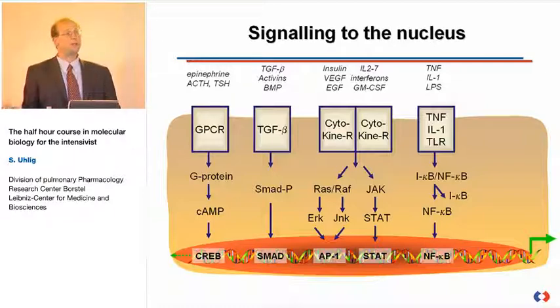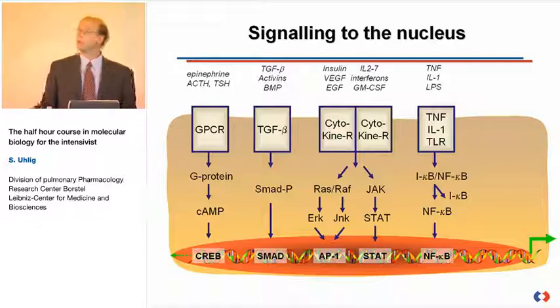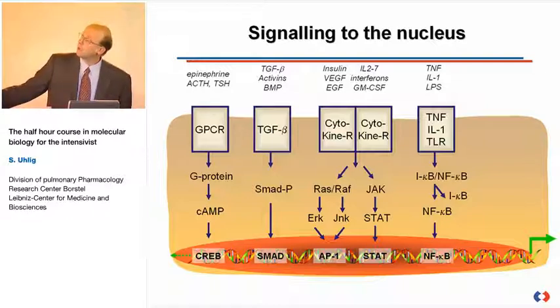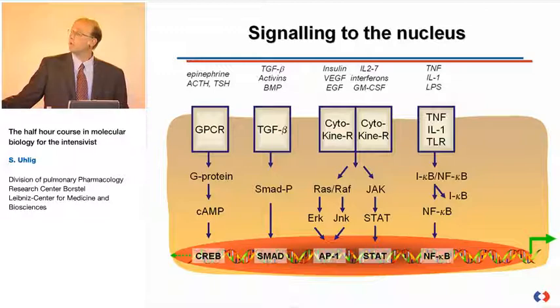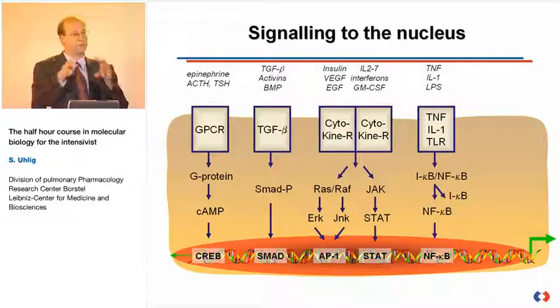But activation of this receptor also has long-term effects, and these long-term effects can be mediated by cyclic AMP, which goes to the nucleus, where there is a cAMP response element binding protein. This protein binds cyclic AMP, and once it has bound cyclic AMP, it acts as a transcription factor, sits on the DNA, and starts transcription.